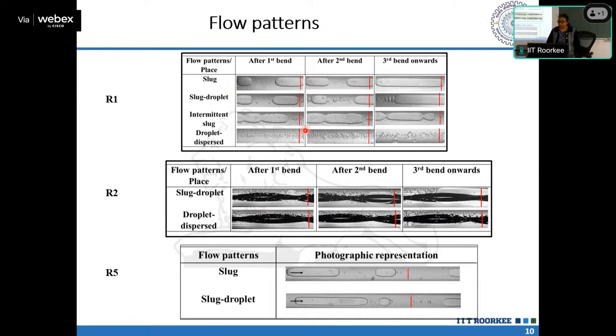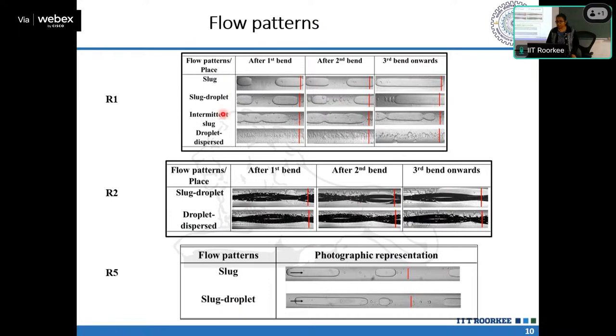So these are the distributions we got. One is slug, second is slug with some droplets, third is a kind of transition regime. Some coalescence of the slugs happens, and the slug takes a long structure, and some droplets, obviously due to high interfacial shear, detach and form in the continuous phase.